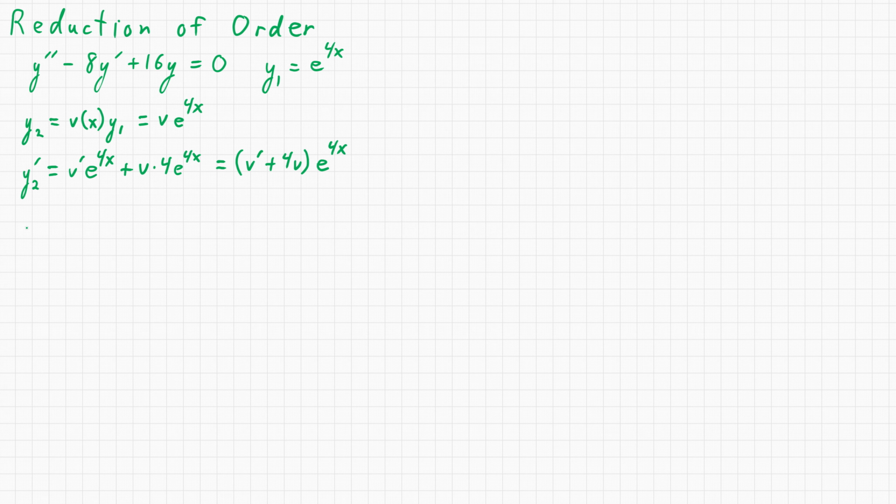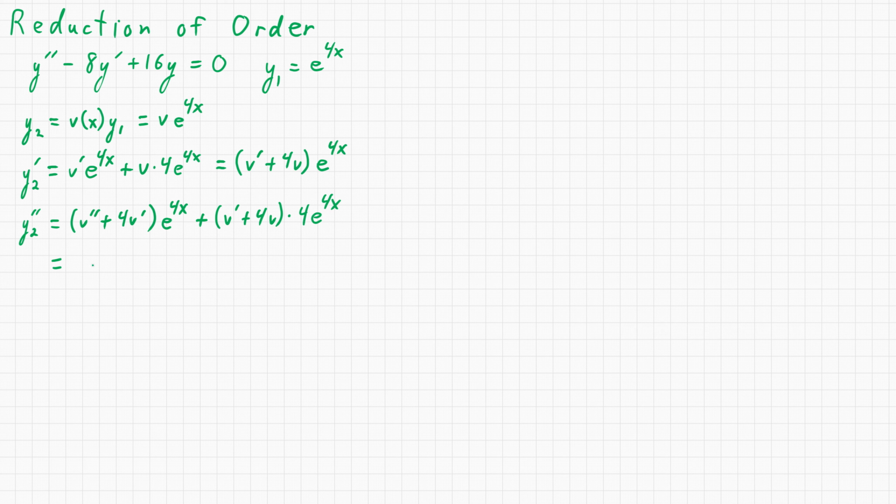All right, next up we need to compute y2 double prime. That's going to be the derivative of the first term here for the product rule. That's v double prime plus 4v prime times e to the 4x, plus the non-derivative of the first term, that's v prime plus 4v, and then times the derivative of the second term, that's 4e to the 4x again.